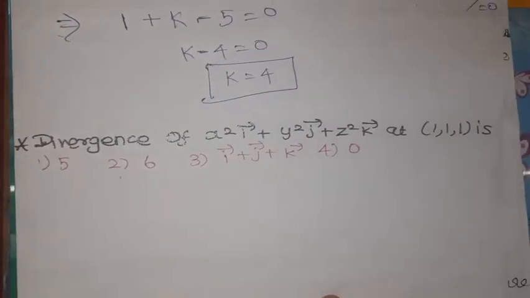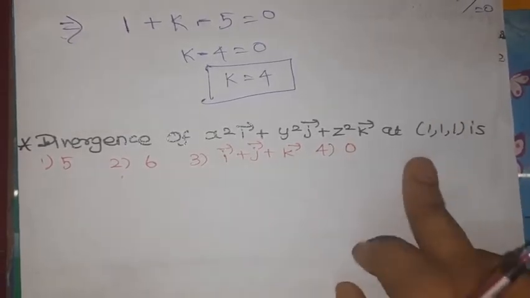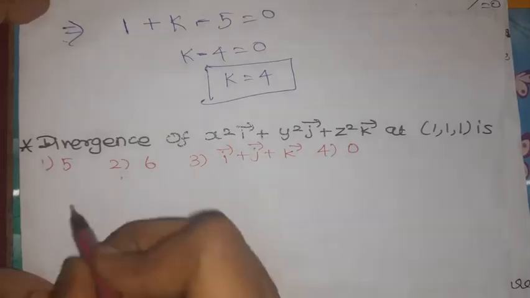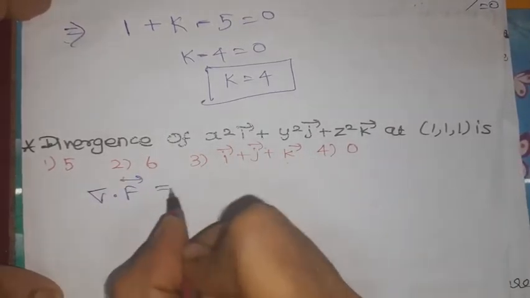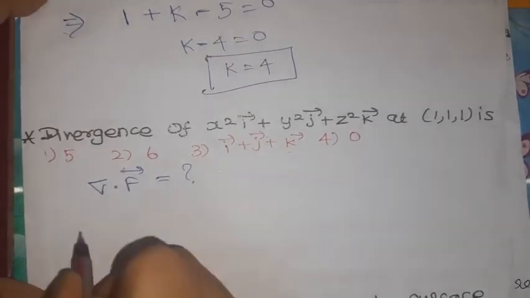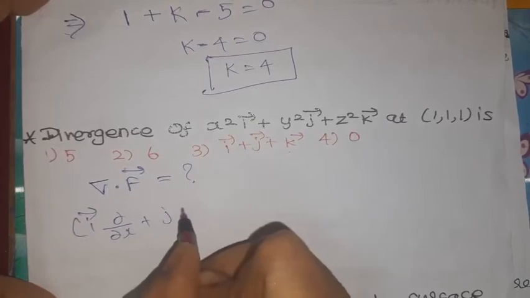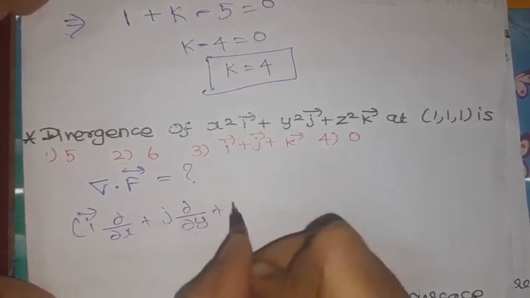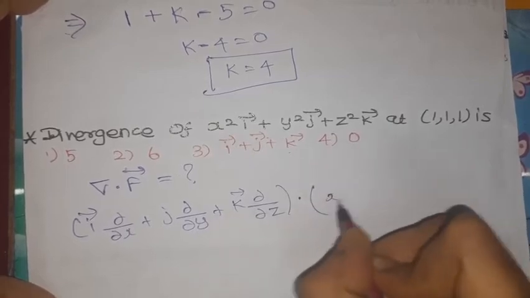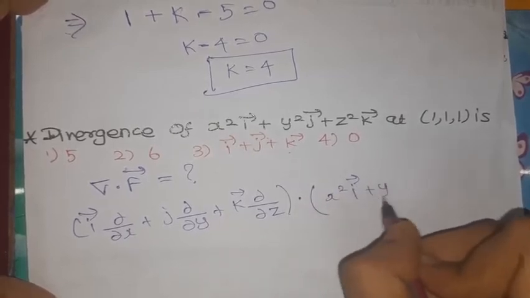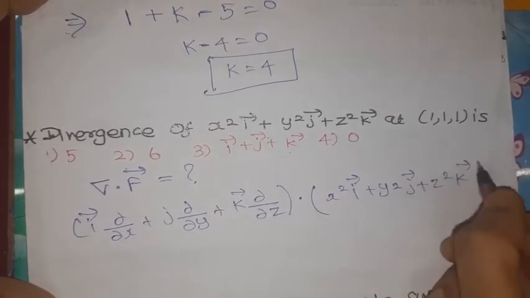Then divergence of the given vector at the point is given. So divergence is nothing but del dot f, take this as a vector f, del dot f we need to find out. So del is i into dou by dou x plus j into dou by dou y plus k into dou by dou z, dot x squared i plus y squared j plus z squared k.